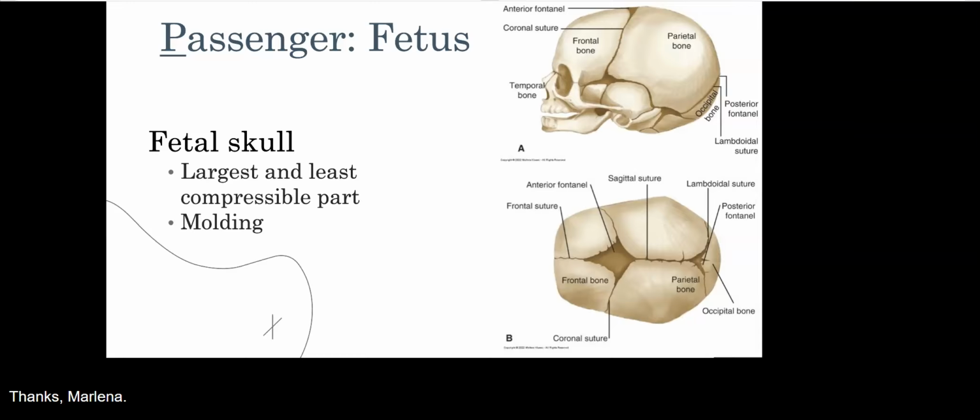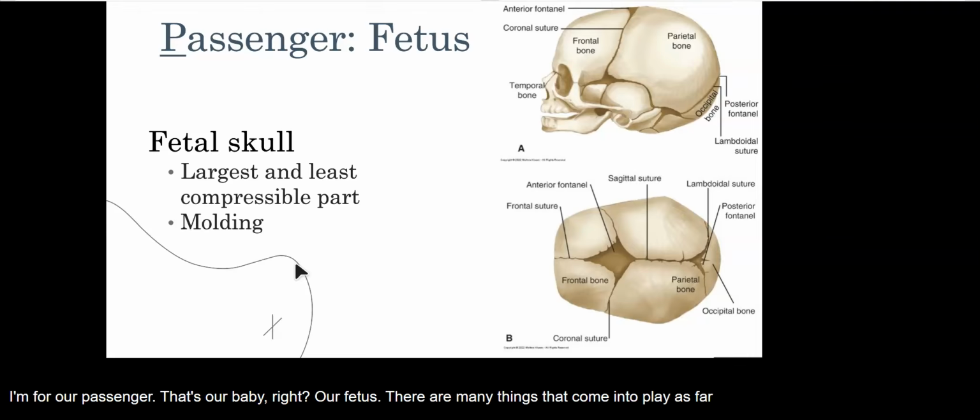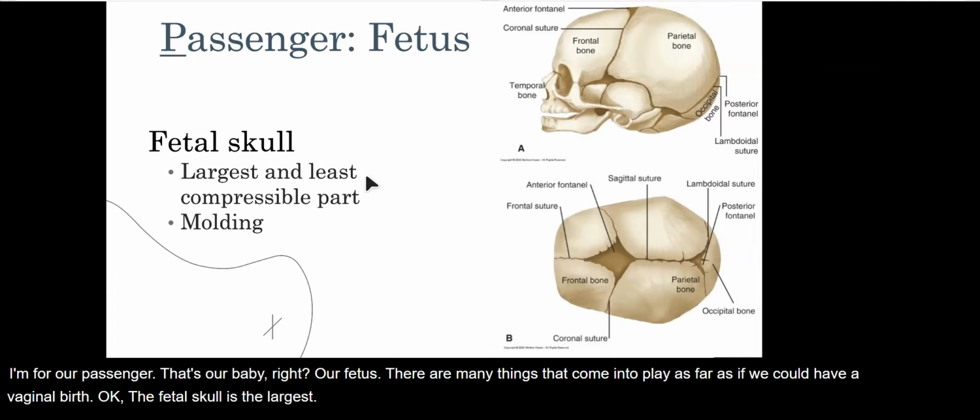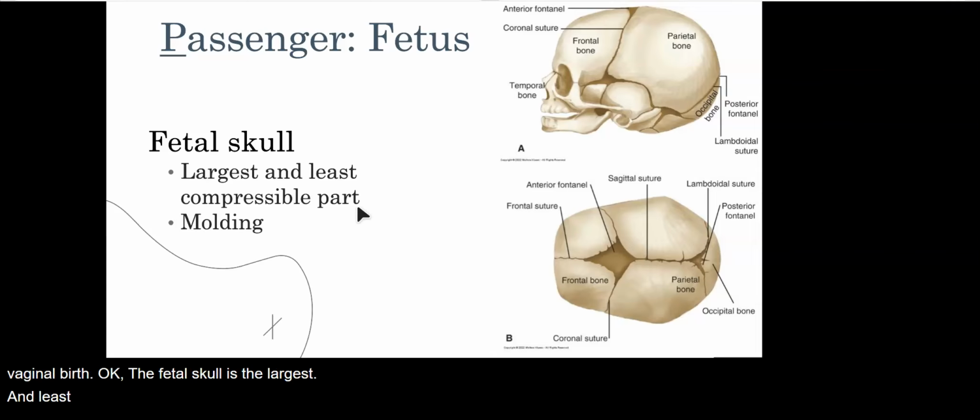For our passenger, that's our baby, right? Our fetus. There are many things that come into play as far as if we could have a vaginal birth. Okay, the fetal skull is the largest and least compressible part.